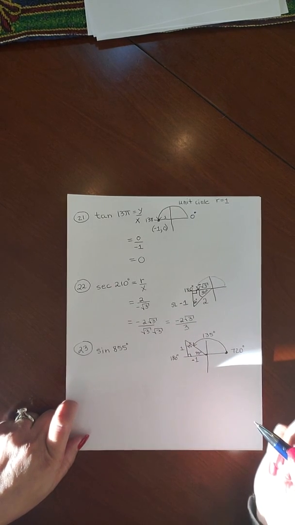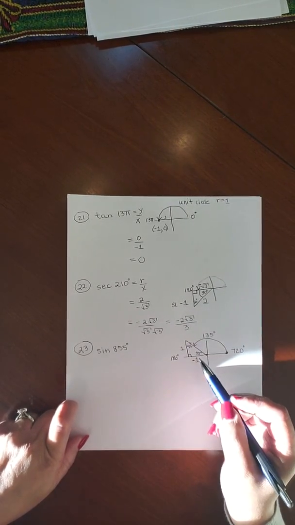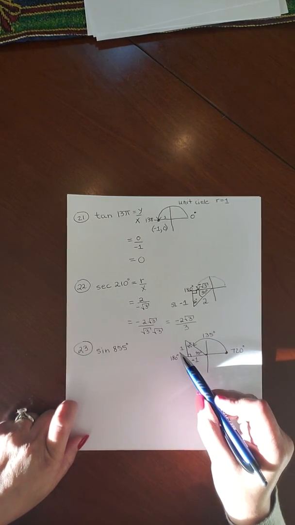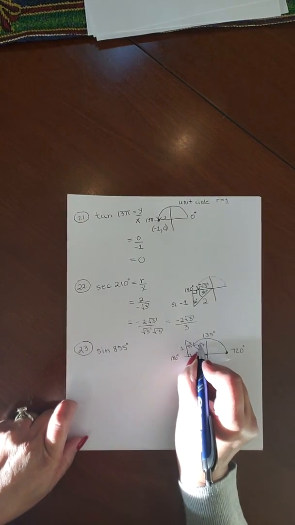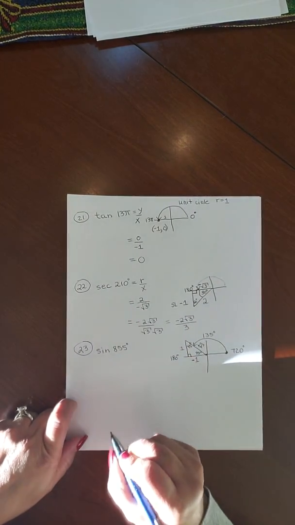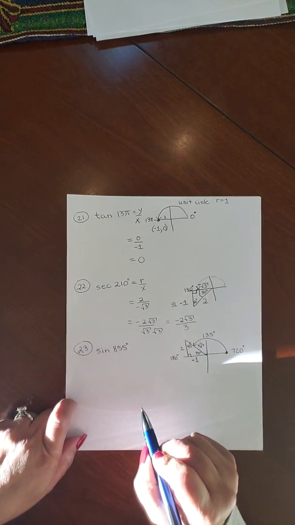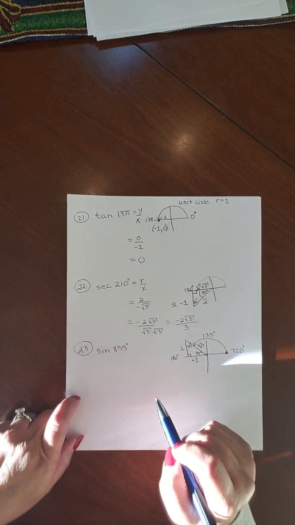So I'll leave that one as a positive. And then the formula for this kind of right triangle says that if you take a leg and multiply by square root of 2, you get the hypotenuse. It's a formula for a 45-45 right triangle. Hypotenuse is always positive. That's why I don't have a negative there.